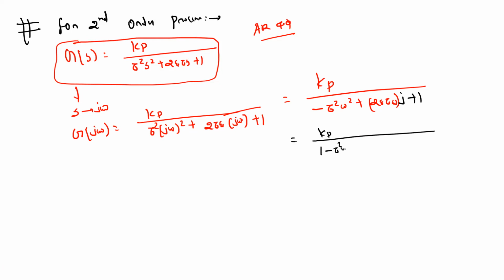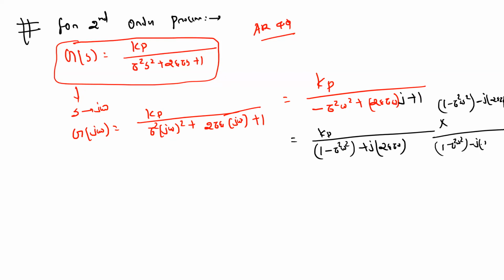So 1 minus tau square omega square plus, this one is j, so 2 zeta tau omega. Once I rationalize this, how? So 1 minus tau square omega square minus j into 2 zeta tau omega, divided by 1 minus tau square omega square minus j into 2 zeta tau omega. This is just a rationalization process that we generally do in mathematics, right?